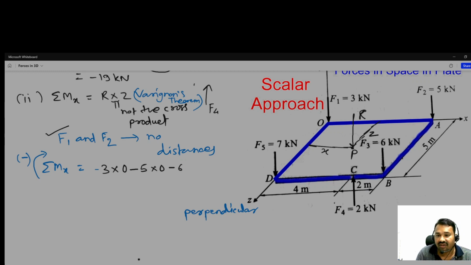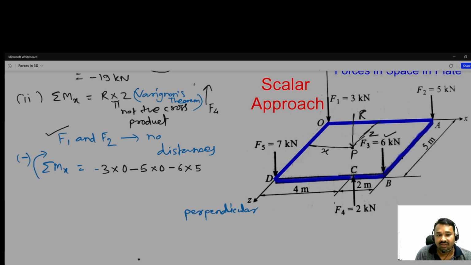Which force are we talking about? This force 6. So the perpendicular distance will be what? It will be this 5 meter length from x, and it is parallel to the z-axis. That's why the z-axis coordinate, that is 5, we have to take.